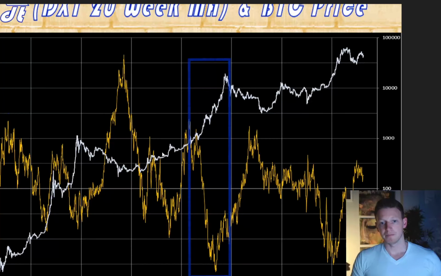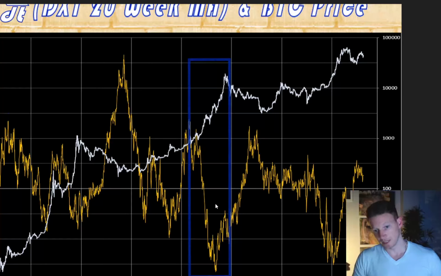So during this time, you'll notice DXY is falling here, right? Bitcoin's increasing. Then it starts to move up, and so here, right when it starts to move up or move towards zero, Bitcoin goes on another little dip. Then DXY hits its peak, right?